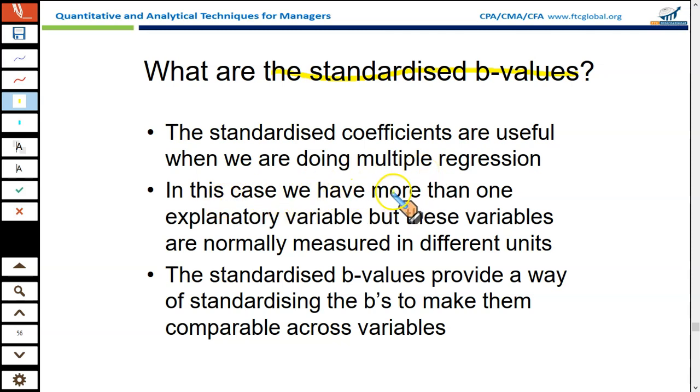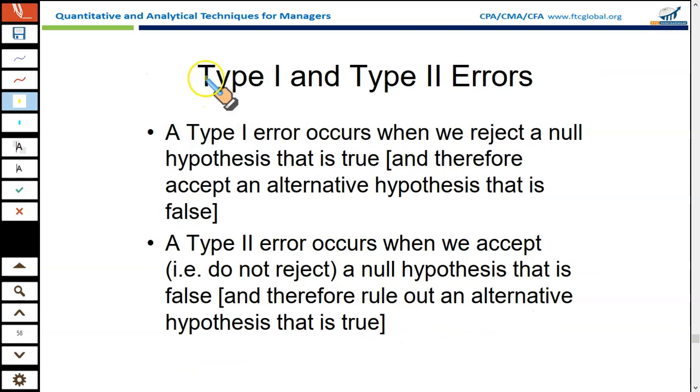In this case, we have more than one explanatory variable, but these variables are normally measured in different units, like weight in kgs and horsepower in horsepower. So the standardized B value provides a way of standardizing the B's to make them comparable across variables. That's the difference. Then we have type 1 and type 2 errors, and they have been properly tabulated.